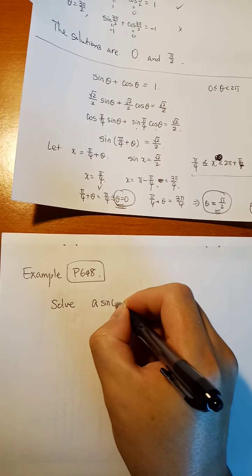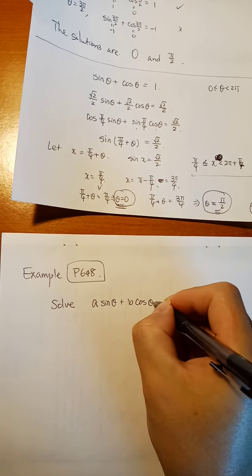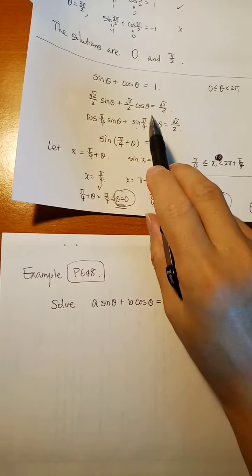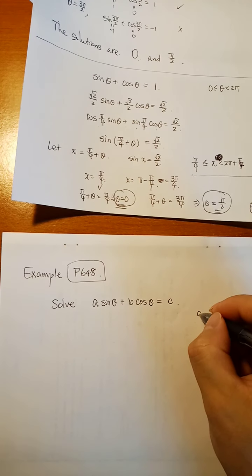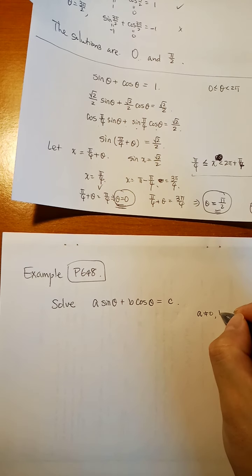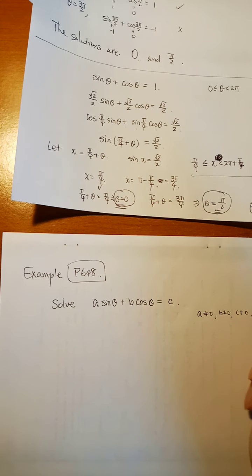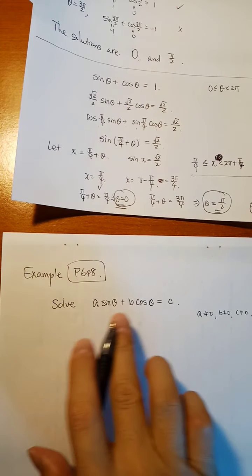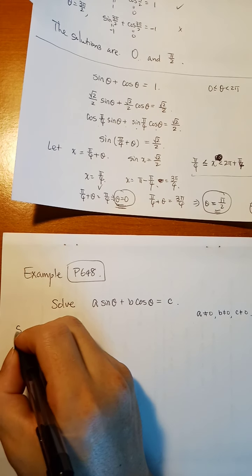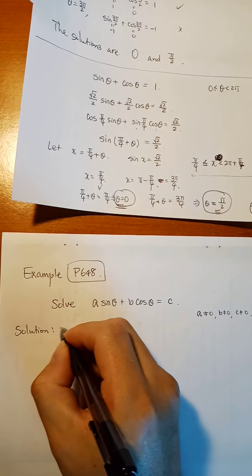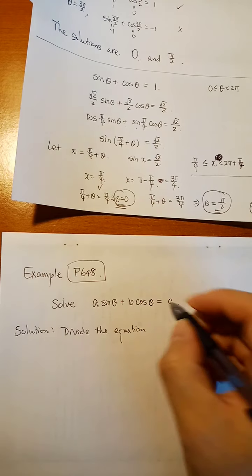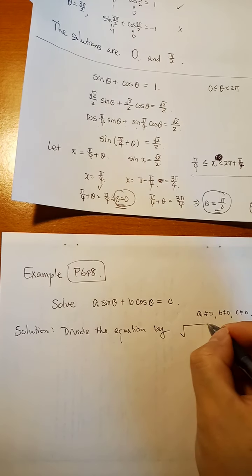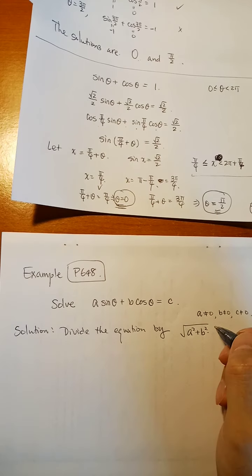So we solve a sine theta plus b cosine theta is equal to c. In that problem, a, b, c are all 1. Here you have general a, b, and c. Of course, we require a, b, c are non-zero. None of them is 0. If we have such a thing, we divide the equation by the square root of a squared plus b squared.